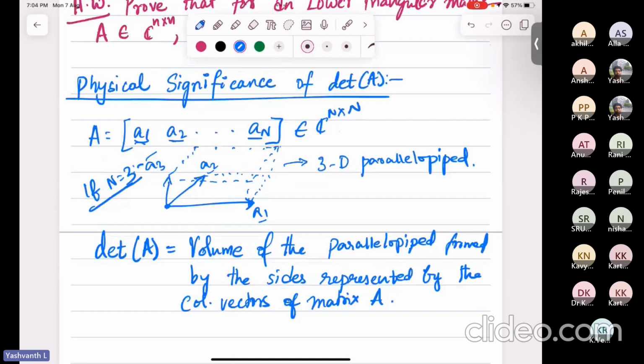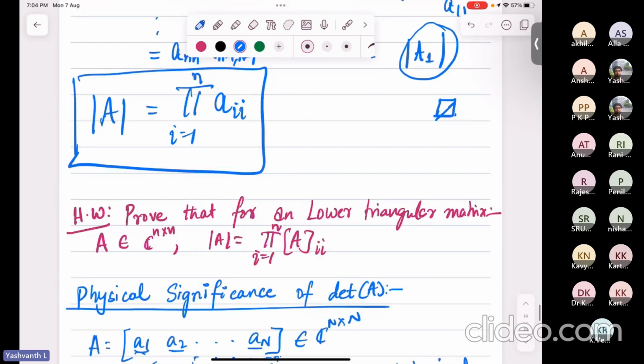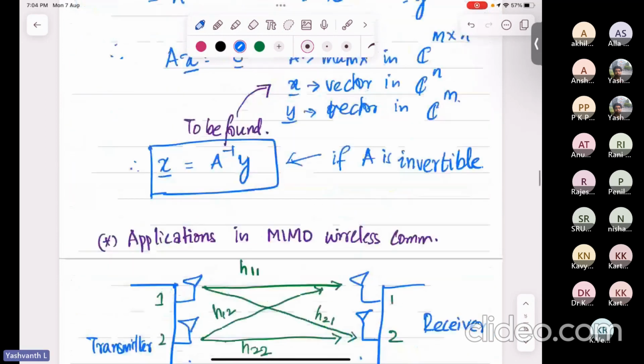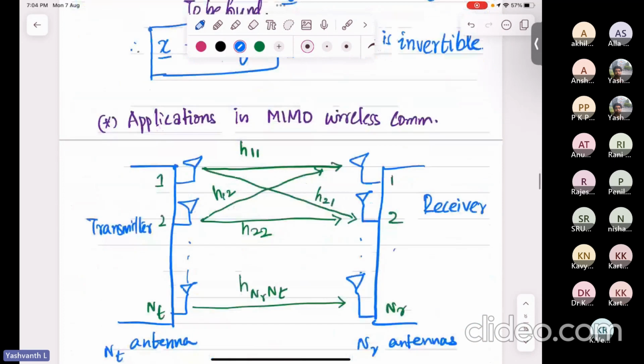The other question is from Mr. Akhilesh. We see the determinant of A is being used in many places in signal processing. Any example, when do we use it and for what purpose? Yeah. So one very good example where we use the determinant is basically to check whether a matrix is singular. Suppose I want to solve, for example, this particular application of MIMO wireless communications.